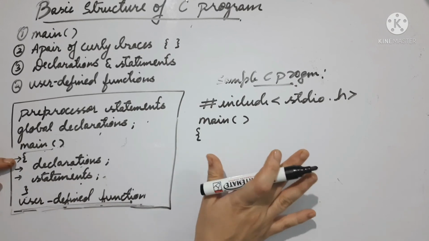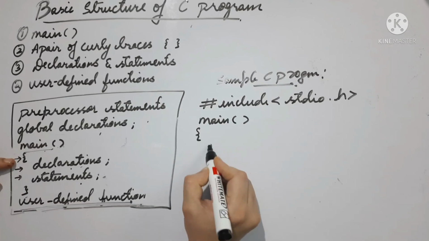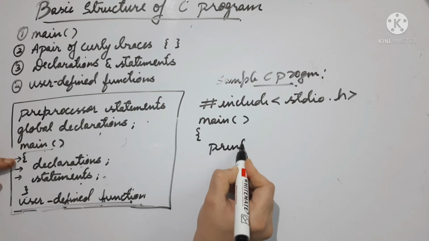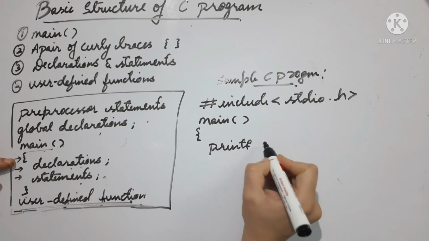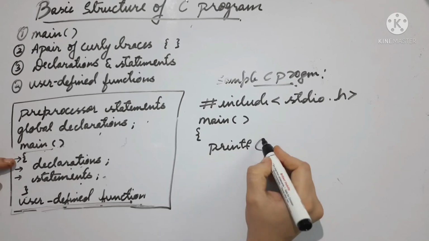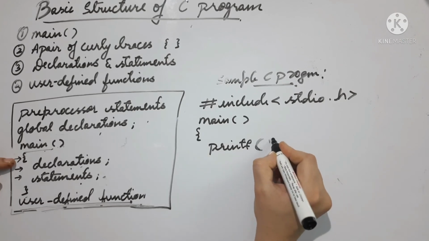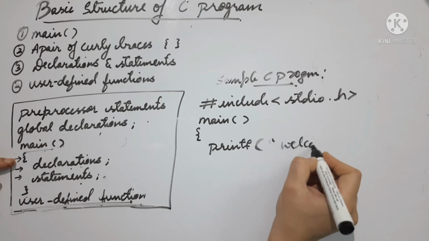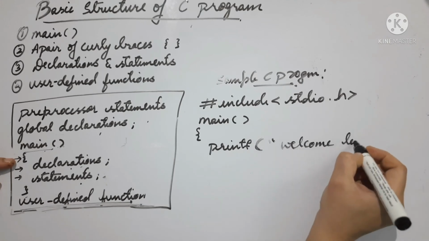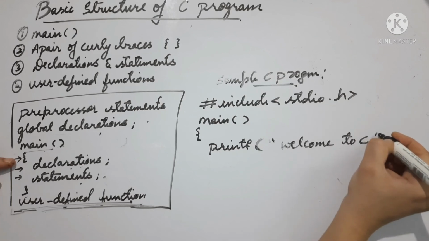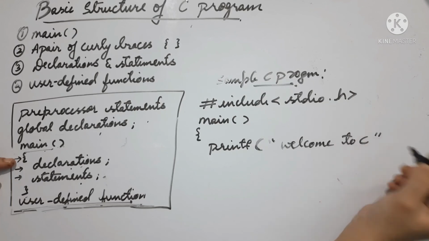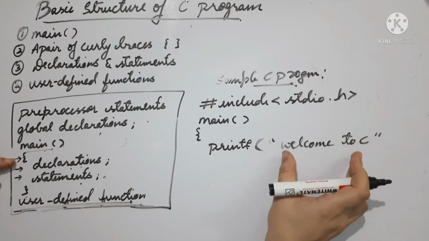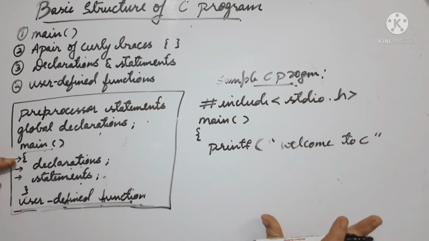Now I want to print welcome to C. So I have a word called printf. When I write printf, then within round brackets, within double quotations, I will write welcome to C. Close the double quotations. Whatever I write within these double quotations will be printed on my screen.